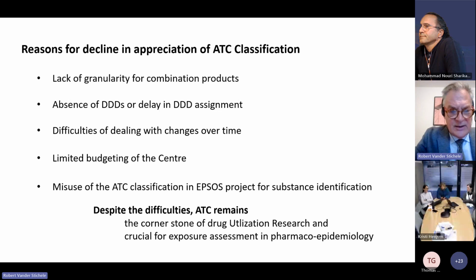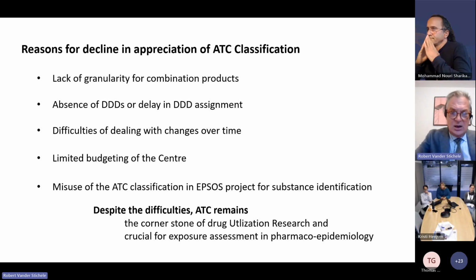But the main reason, I think, is the misuse of the ATC classification in epSOS. They used the ATC classification to identify substances in products instead of seeing it as a label for a class of drugs containing the same moiety.